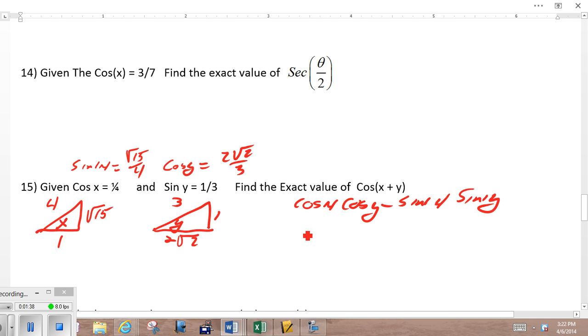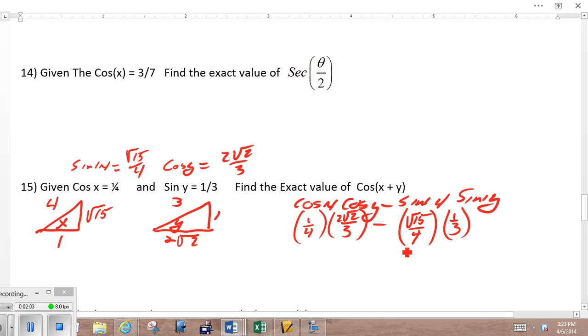Cosine of x is 1/4 times the cosine of y, which is 2 root 2 over 3, minus the sine of x, which is root 15 over 4, times the sine of y, which is 1/3.